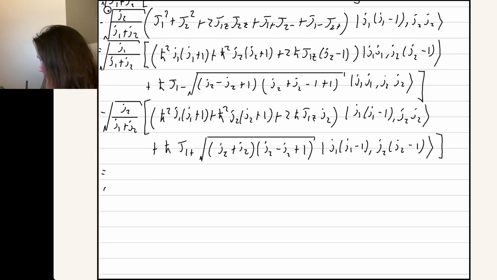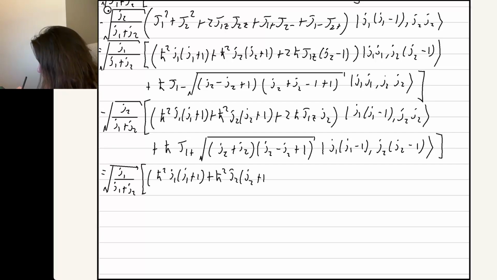Continuing, we have this radical term, this j1 over j1 plus j2. Open bracket, we have h bar squared j1, j1 plus 1, plus h bar squared j2, j2 plus 1. Okay.